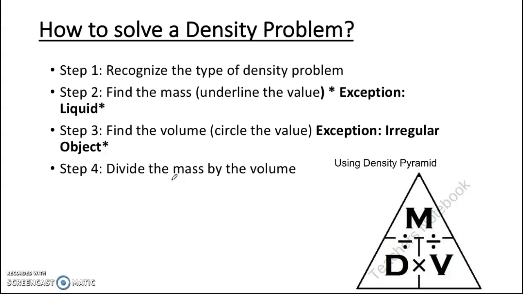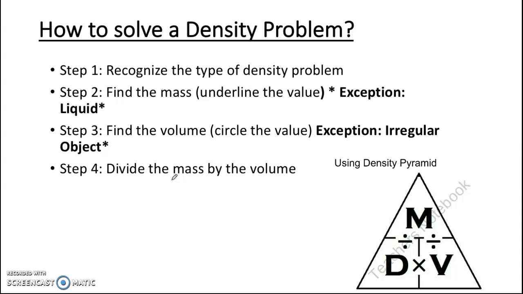If they don't give you the mass, that means you're most definitely working with liquid density, where you have to subtract the masses. Find the volume and circle the value. Once again, if they don't give you the volume outright, you're most likely working with an irregular object density problem. Then always remember mass divided by volume. I've given you this triangle here because I know it's really helpful for some of you.